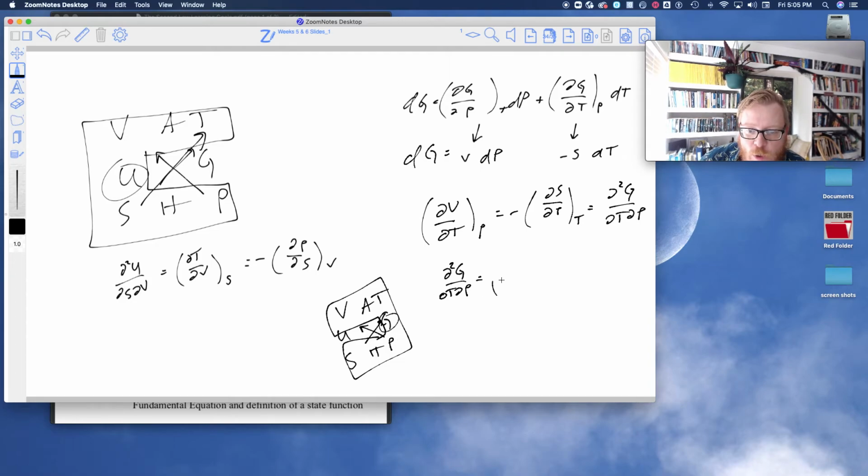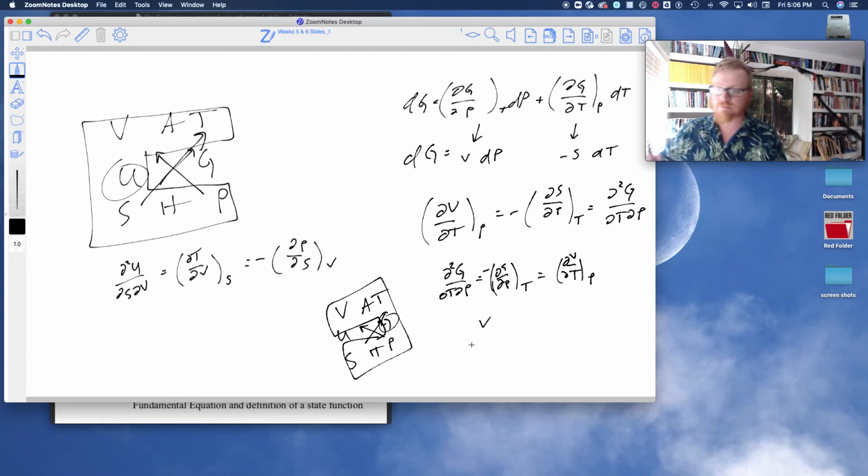And we know that that's going to mean derivatives at constant T and derivatives at constant P. So if I travel up the P arrow, I get partial of V by the partial of T. And then now if I travel down the T arrow, right, I'm going down the arrow, so that's a negative sign, and I end up at S, partial of S by partial of P, and yes, that all worked out.